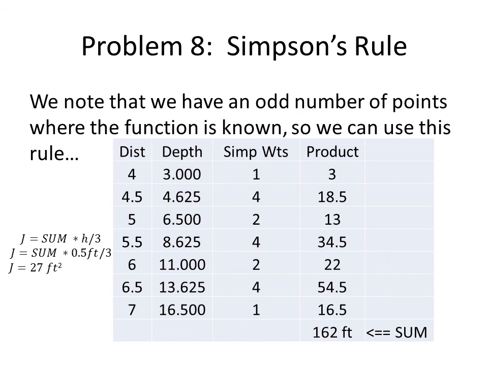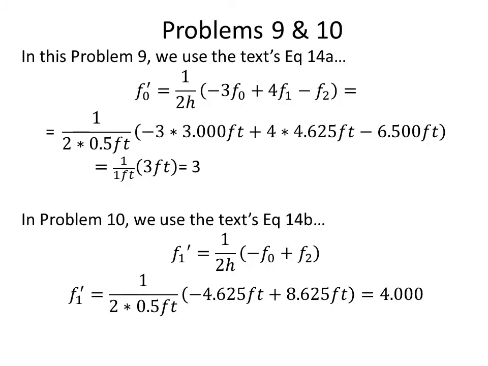Now let's look at the derivative. In problems 9 and 10, we're asked for the derivative on the left side in problem 9 and in a centered formula in problem 10. And you'll see that we again have the interval size is 0.5 feet, and that our function is actually measured in feet, but we end up in this case with feet divided by feet, so we get a slope that's unitless.